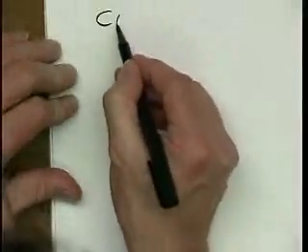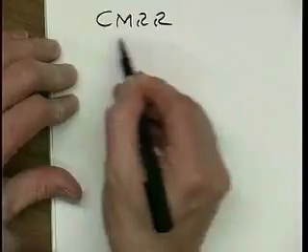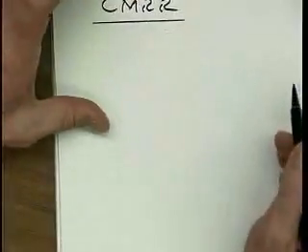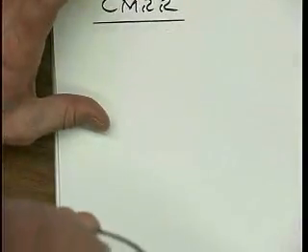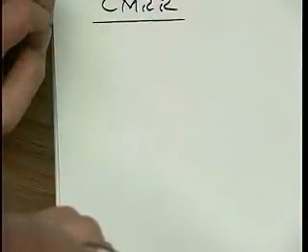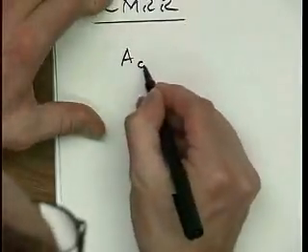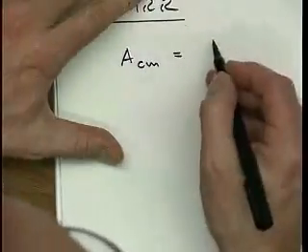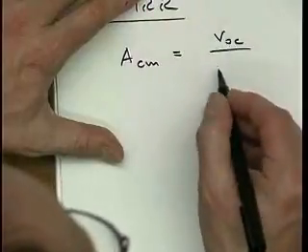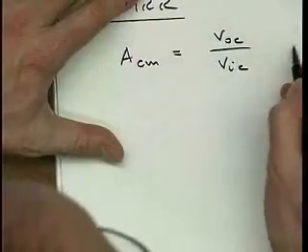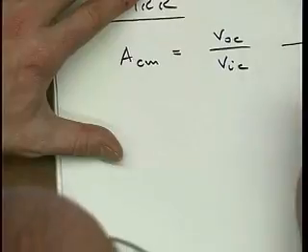Similar thing for the common mode rejection ratio. So here there are really two gains. There is the common mode gain, ACM, that's V out common mode over VI common mode, and I guess that should be 0.